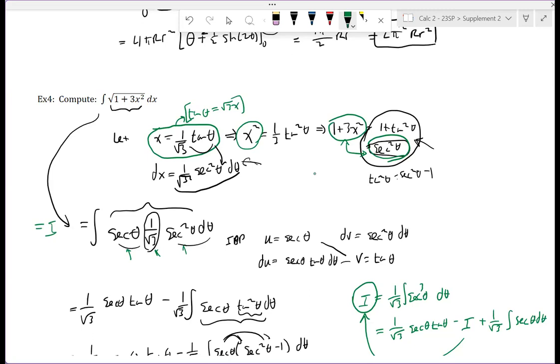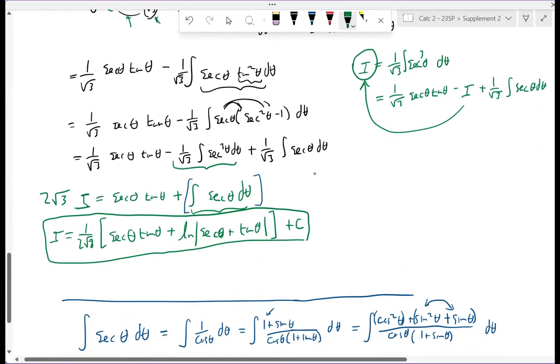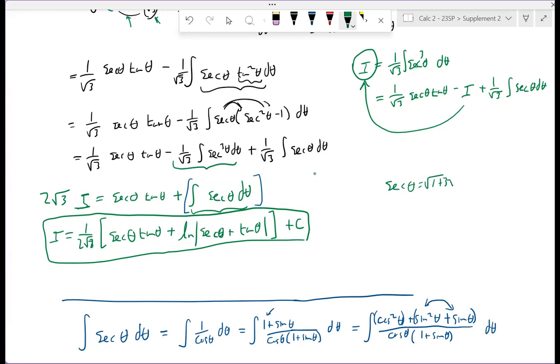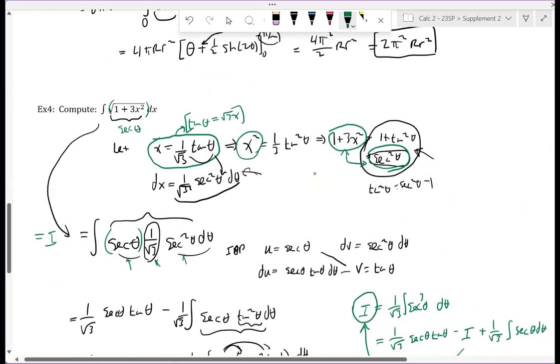Secant just turns out to be this bit here. That was what turned into the secant theta down here. So it's just the square root of 1 plus 3x squared. And then tan theta was root 3 times x, I think. Yep.